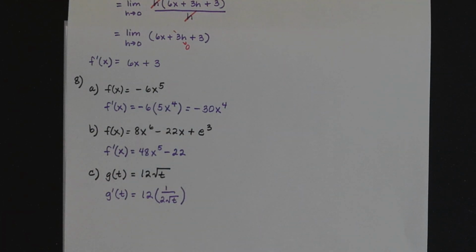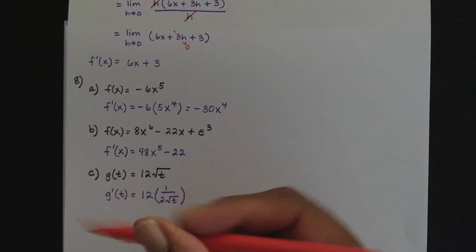Okay. That was something that I showed you when I was doing the definition of the derivative and how to get the derivative of y equals square root of x, which is going to be 1 over 2 square root of x. But here it's just a t, so it'll be 12 times 1 over 2 square root of t.